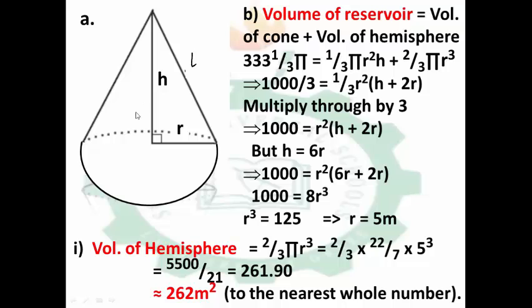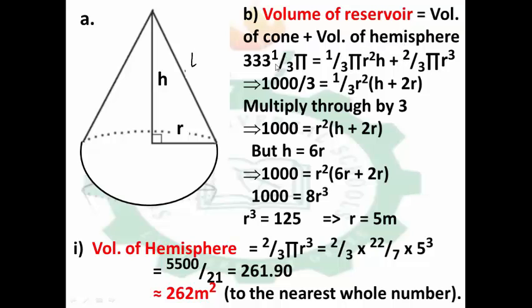And the volume of the reservoir given from the question is 333 1/3 pi. And this is equal to volume of cone, remember, it's 1/3 pi r square h, and volume of hemisphere is 2/3 pi r cube.